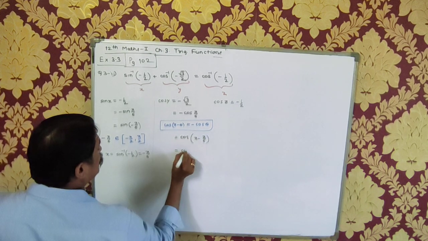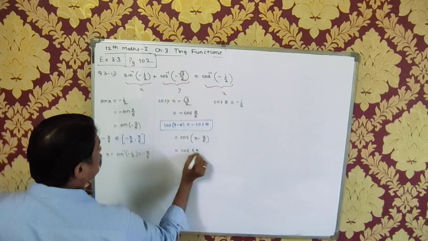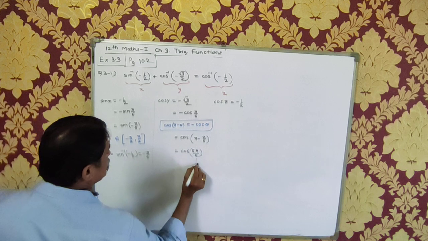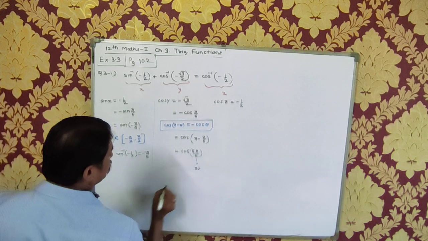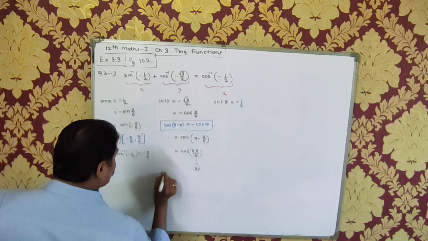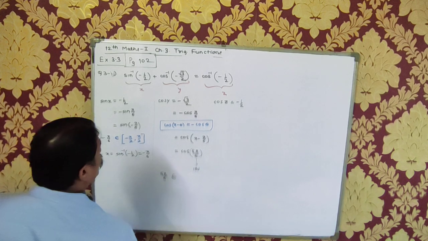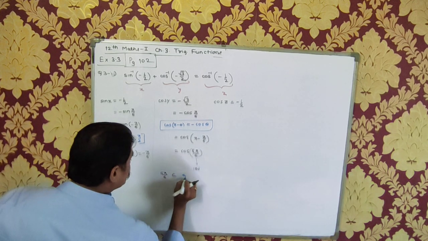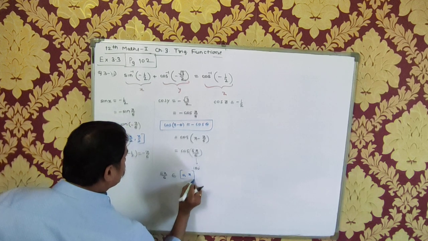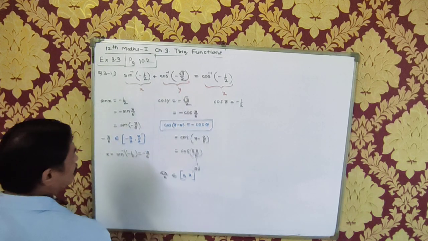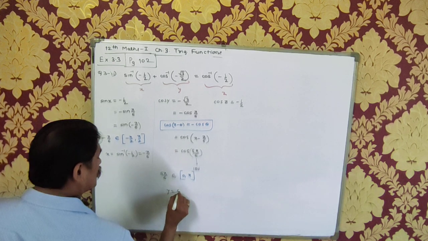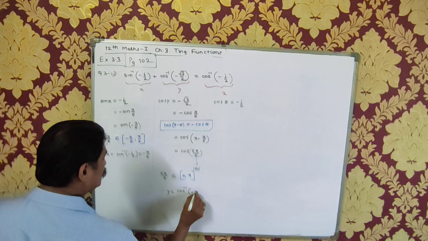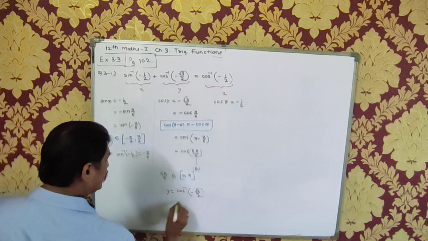That is equal to cos of 5 pi by 6. 5 pi by 6 means 5 into 30 degrees, 150 degrees. And this 5 pi by 6 belongs to 0 to pi, which happens to be the principal value branch of inverse cosine function. And therefore y, which is cos inverse of minus root 3 by 2, is actually equal to 5 pi by 6.